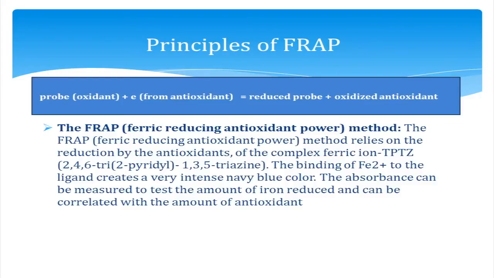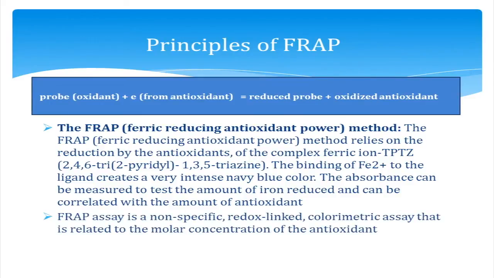That is, the complex ferric ion TPTZ, 2,4,6-tri-2-pyridyl-1,3,5-triazine, reduces on reacting with the antioxidant and forms a ferrous compound that binds with ligand to create an intense blue color. Thus, the absorbance can be measured to test the amount of iron reduced, and this can be correlated with the amount of antioxidant. FRAP assay is a non-specific redox-linked colorimetric assay related to the molar concentration of antioxidant.